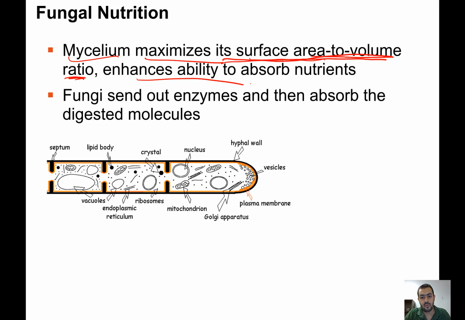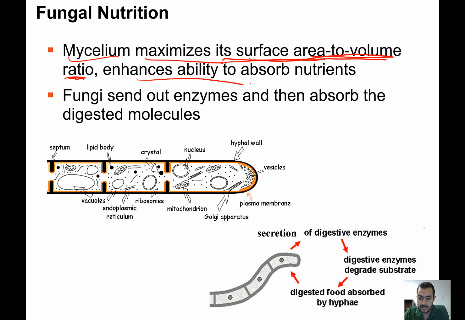However, fungi do something totally different, and totally unique for fungi, which is the fact that fungi secrete enzymes outside the cell. These enzymes will degrade the nutrients into digestible molecules, and then the fungi will absorb these digested molecules.